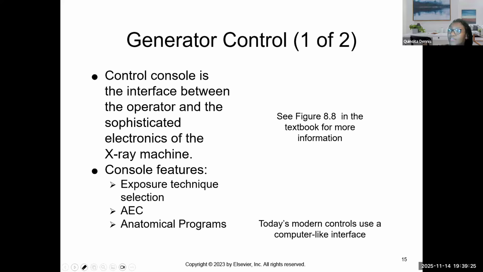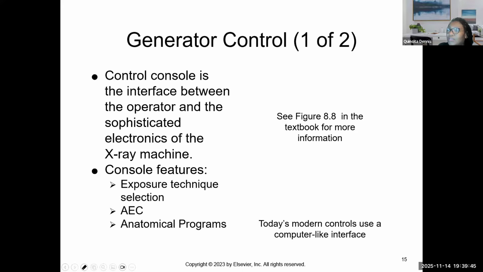You can have anatomical programs there. So if you're looking at your control console and you see either a picture of whatever you're trying to x-ray or the words, maybe it's a skull or maybe it says head, that's your anatomical programs.